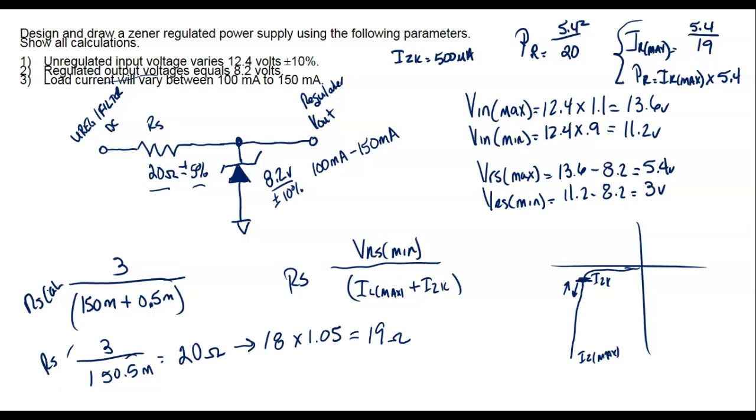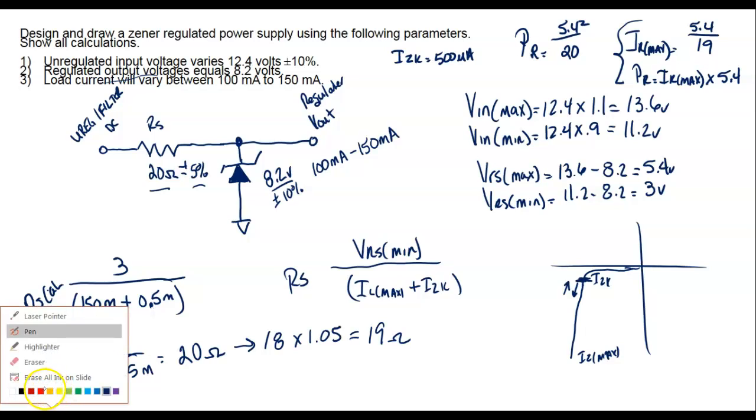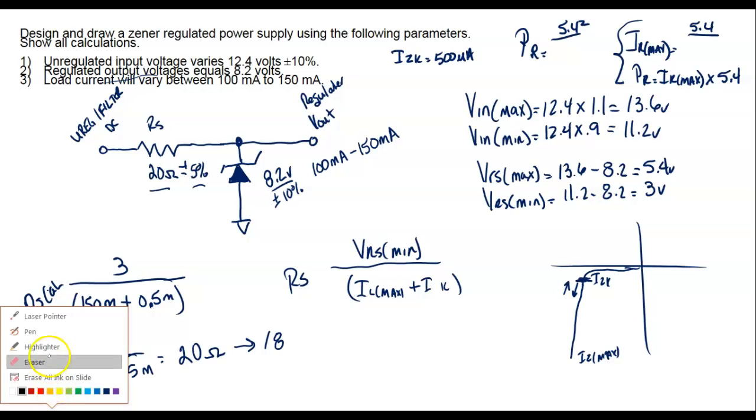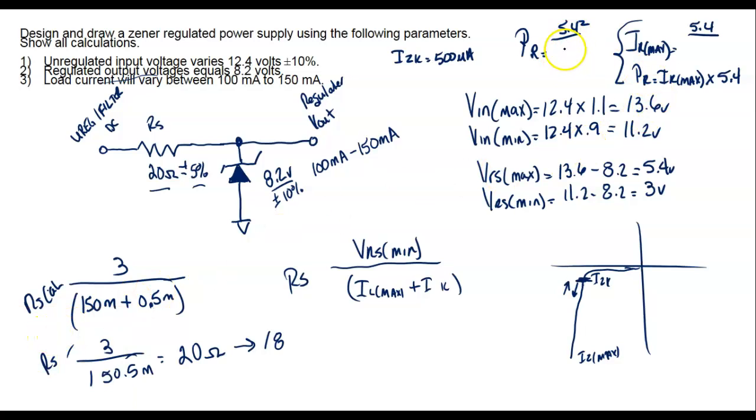And this would be, okay, we're choosing the resistor that we chose, not the resistor that we calculated. I need to pay closer attention. So we chose an 18. Thank you.